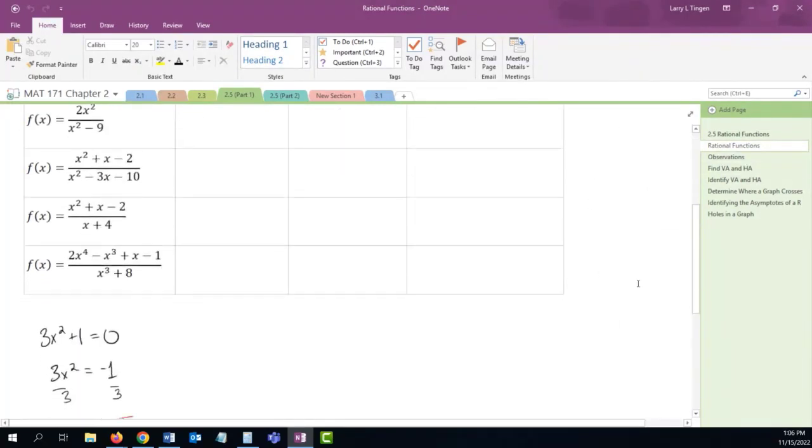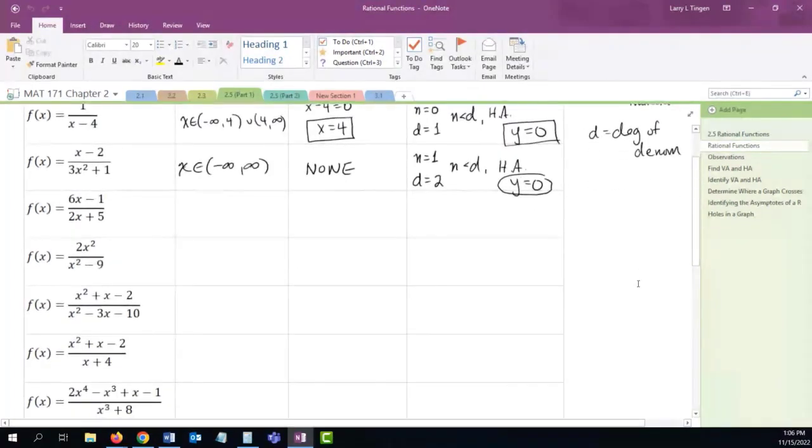Here is a table of functions we're going to talk through. I'm going to walk you through the domain of each, horizontal asymptotes, and vertical asymptotes, and then we're going to break down these problems. It'll probably be easier, and I don't think we're going to have any trouble, at least not yet.